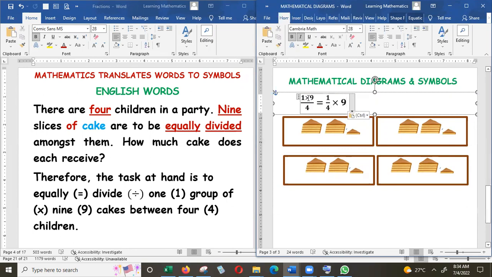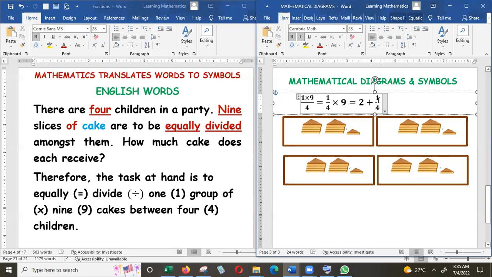So one group of 9 divided by 4 is the same as saying a quarter times 9. And a quarter times 9 is equal to 2 wholes, 2, and. Now the symbol for and in math is plus, in arithmetic especially. So 2 plus, or 2 and, 1 quarter.